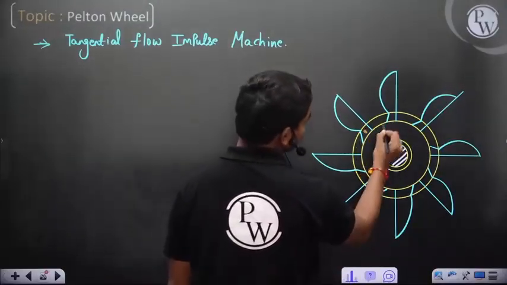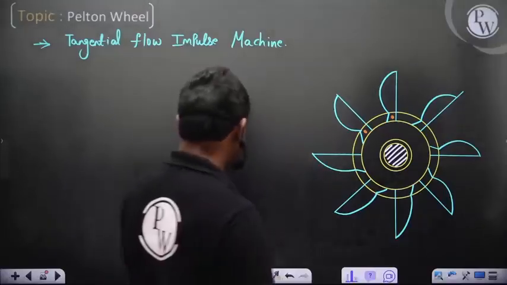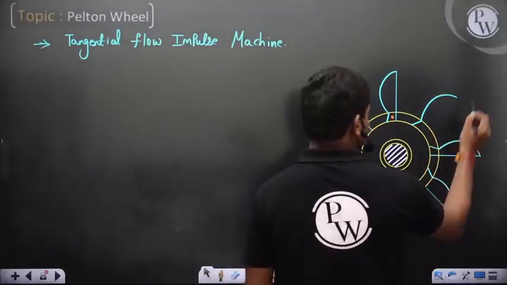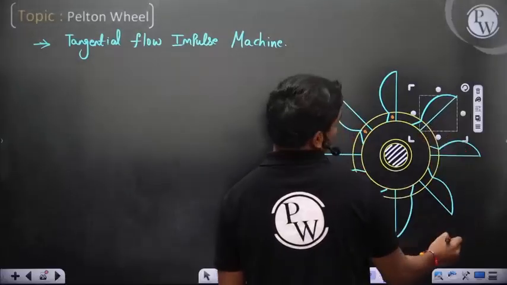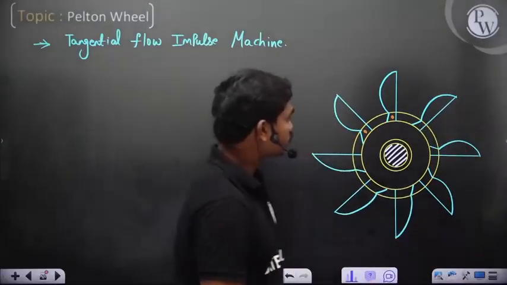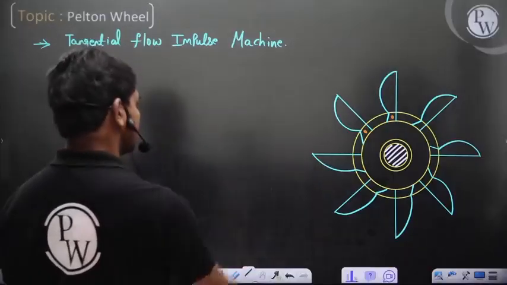So these are the rivets to which you attach this. All the wheels are in the same direction, no? Correct? All the wheels are in the same direction, no? Okay, good.